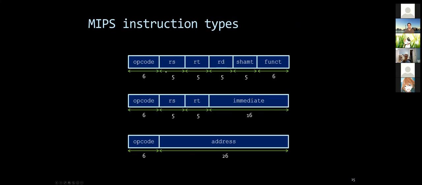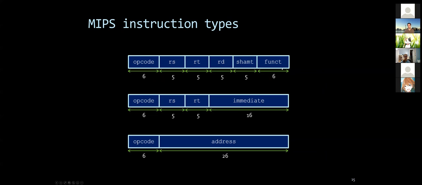So essentially, for a typical instruction, you have a 6-bit opcode. Then there are 3 registers: two for arguments and one for the destination. So there is the first argument, the source, that's the second one, temporary, and that's the destination. And then there is a functionality field here.